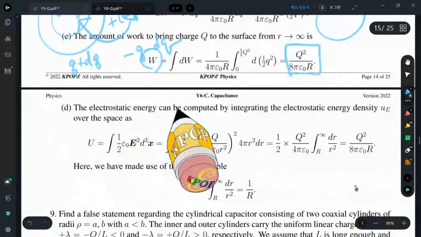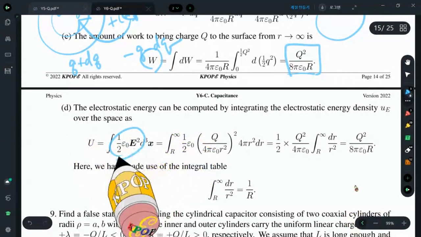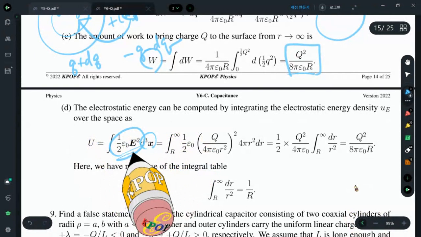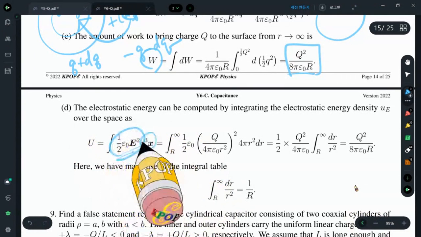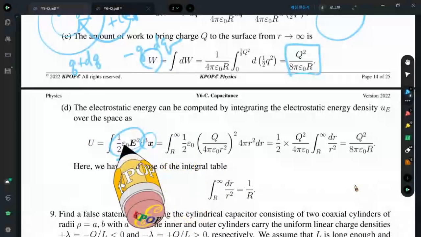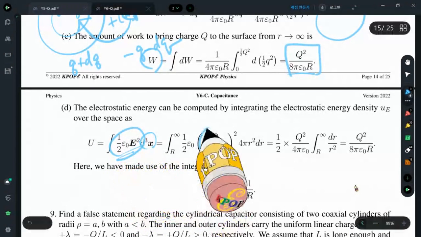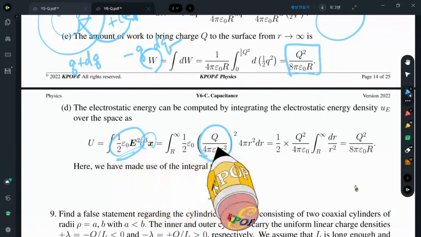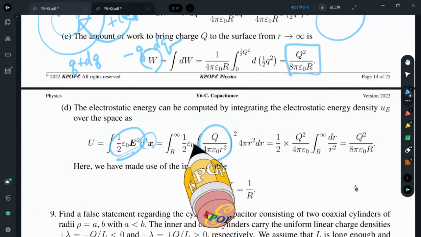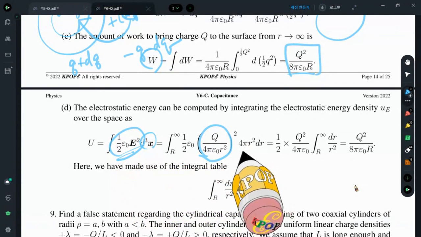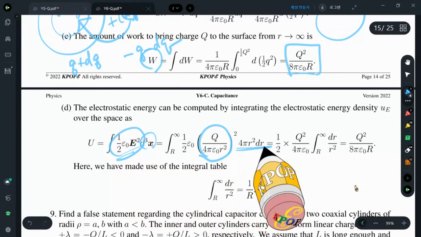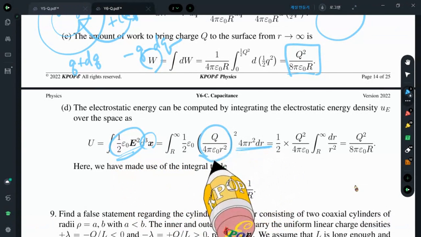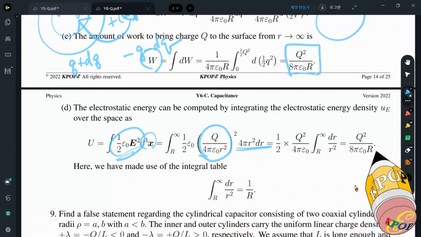The electrostatic energy can also be computed by evaluating the volume integral of the electric field, with energy density one half epsilon 0 times the electric field squared. This is the electric field that can be obtained by Coulomb's law. The volume element is 4 pi r squared dr, so using this you can do the integral.